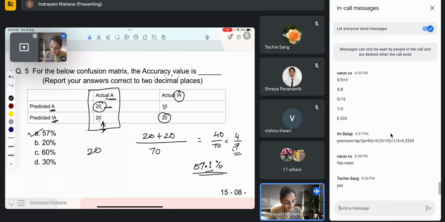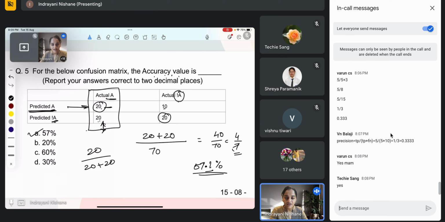So 20 divided by 20 plus 20, 40, will be the recall value for this confusion matrix.